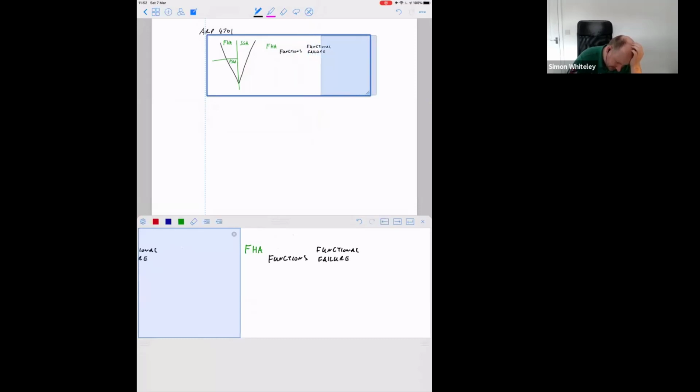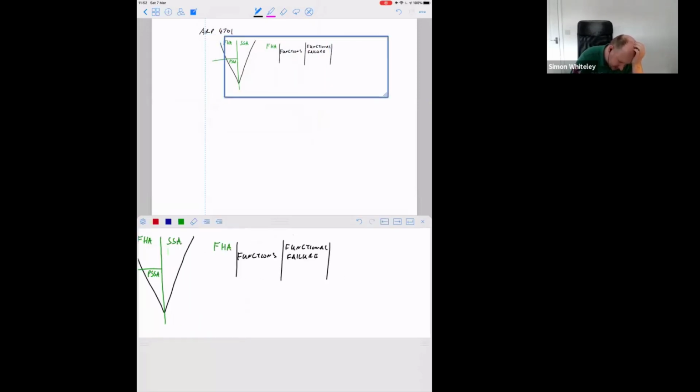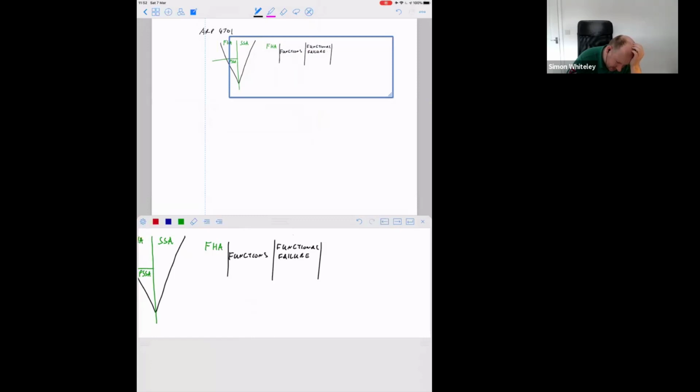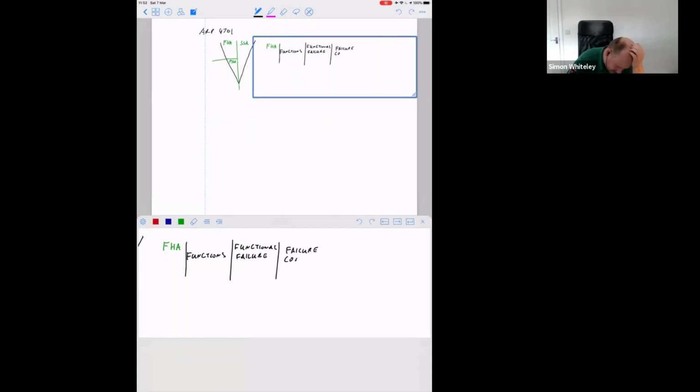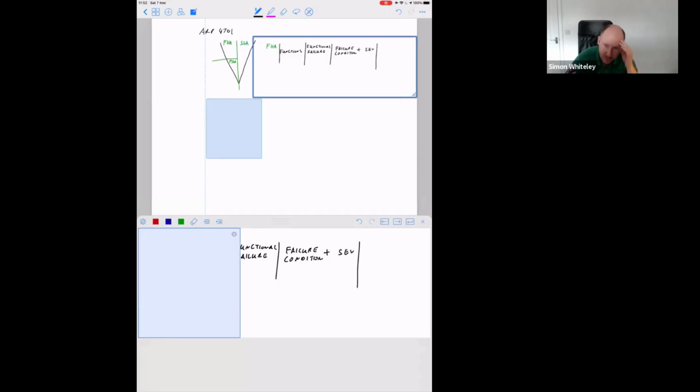And then out of that analysis, you've got some functions, you think about the functional failure modes, and out of there you have a failure condition outcome. And that failure condition will have some kind of severity level associated with it.